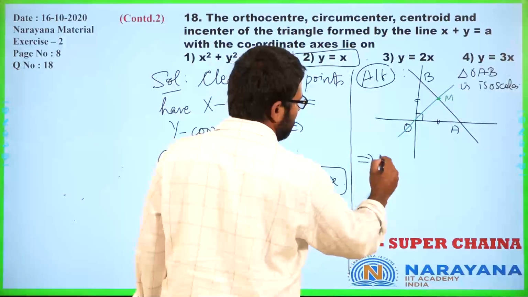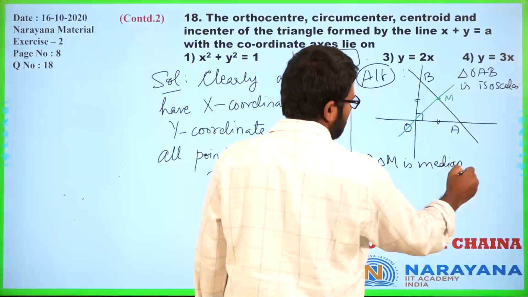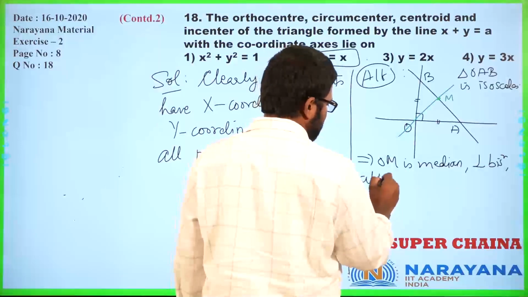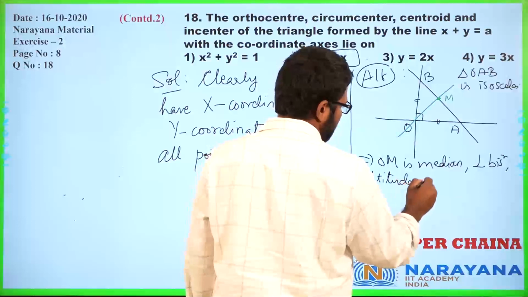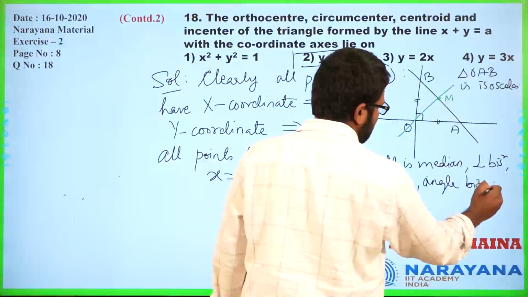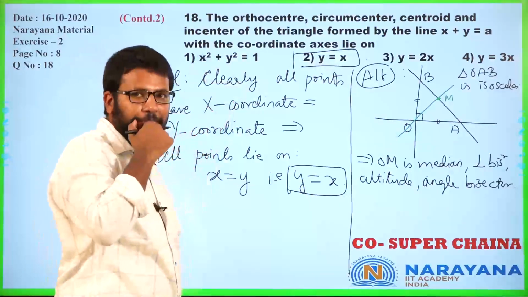Which means OM is median, perpendicular bisector, altitude, angle bisector. You know that, which means you need to figure out the equation of OM.